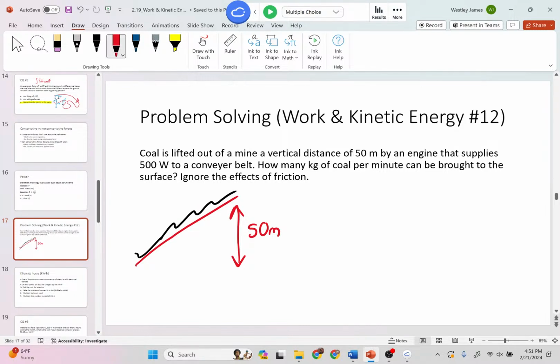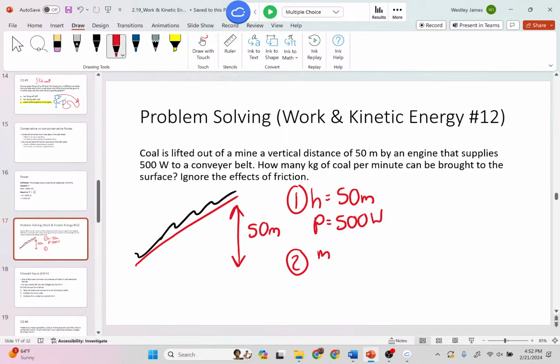All right, what's given? We have a vertical distance, which we could call height. Sure, I'll call it h. We have a power of 500 watts. And we are trying to find how many kilograms, mass per minute.